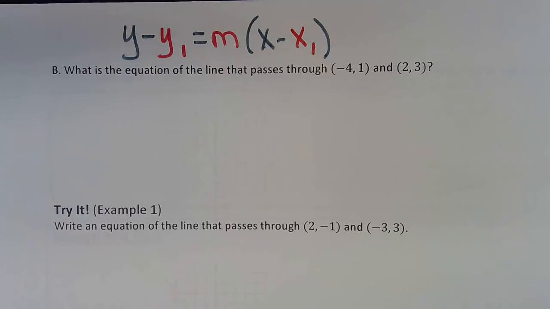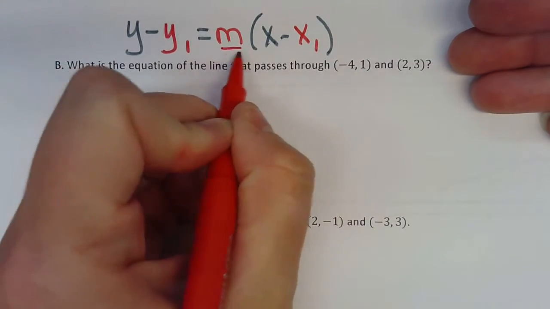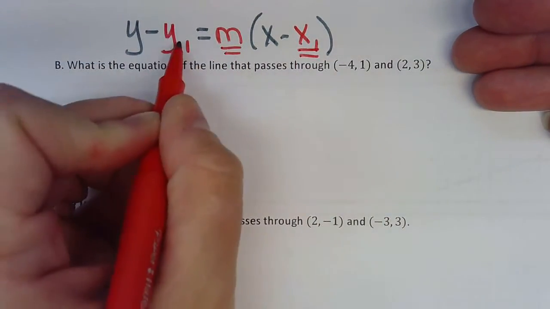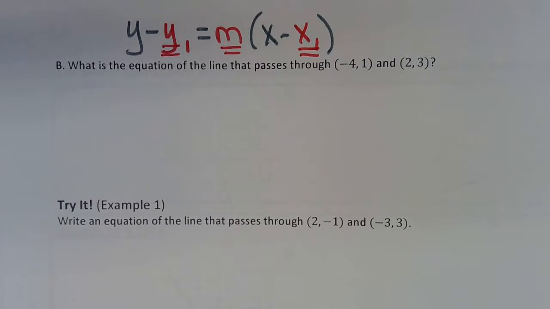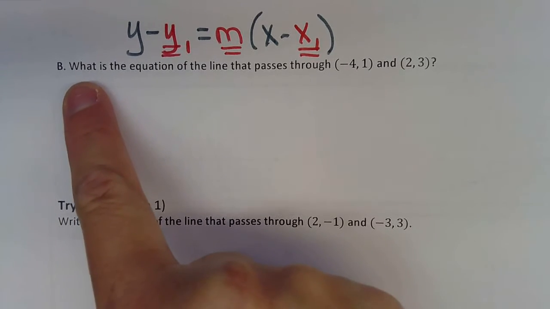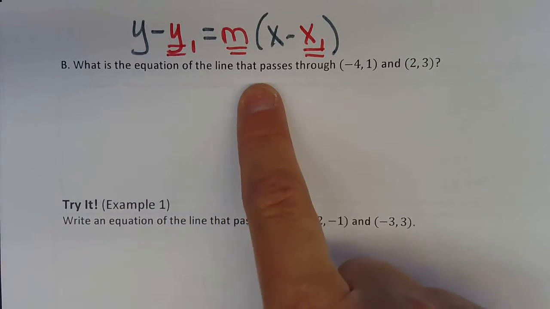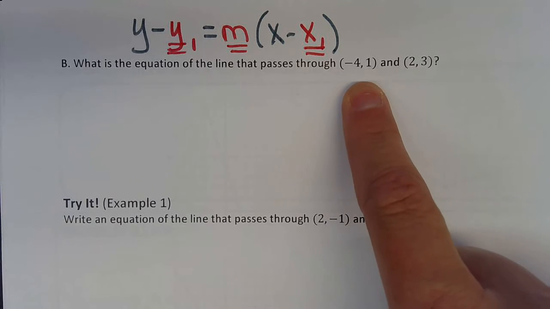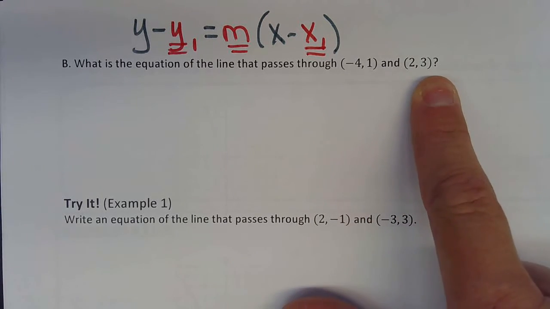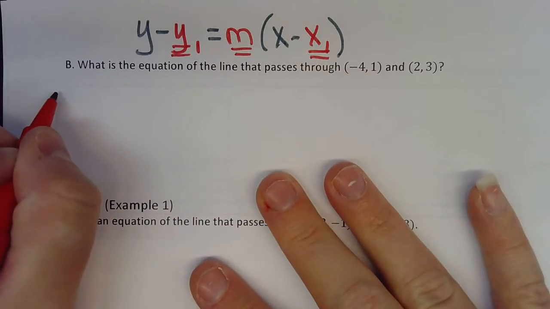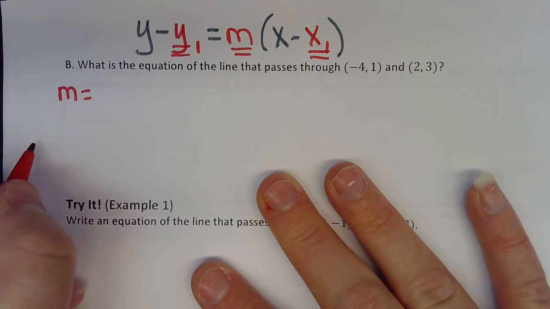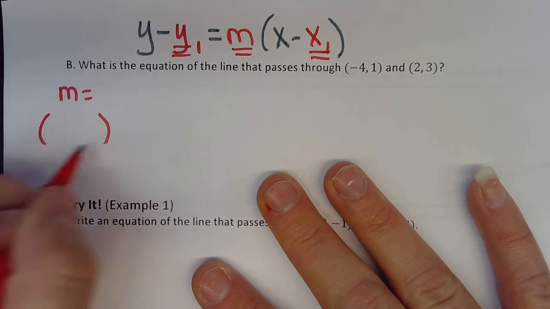Hopefully my color coordination there helps a little bit. So we need to make sure we know what is m, what is our x1, and what is our y1. It's all you need in order to plug into this equation. So for B here, it says, what is the equation of the line that passes through -4, 1, and 2, 3? So again, we need to know what our slope is, and we need to know what our point is.